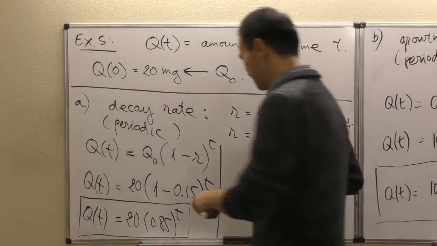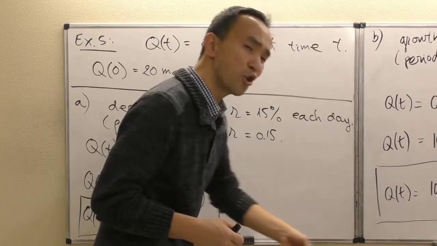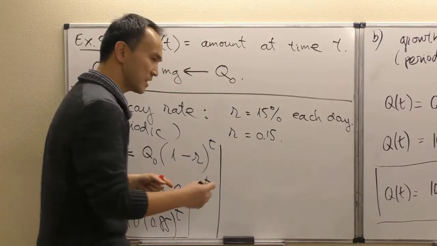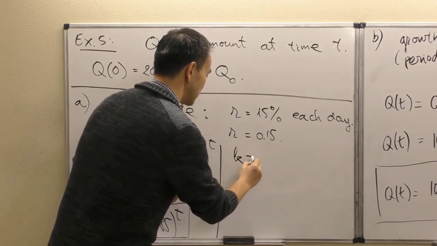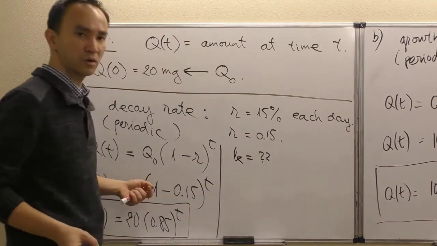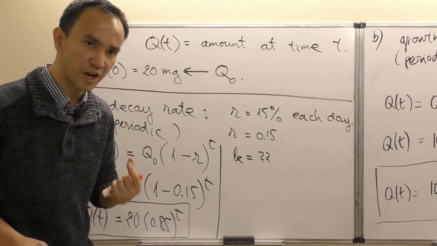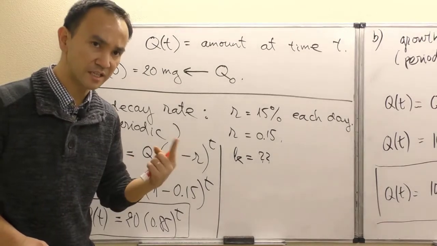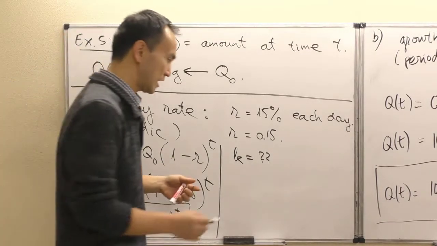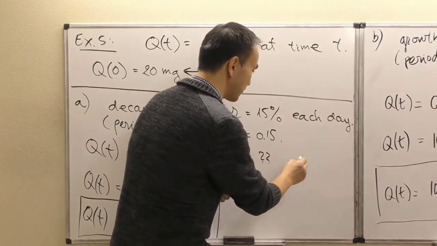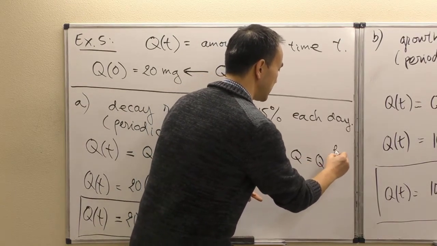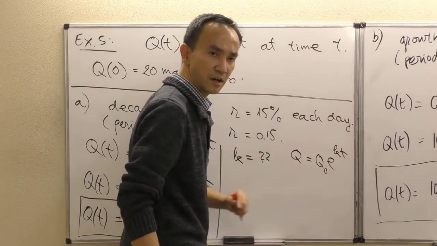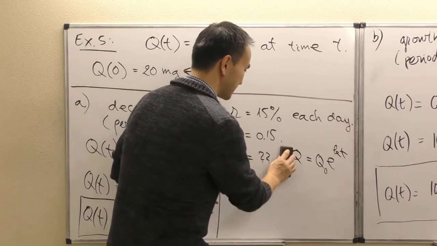Understanding our goal now, the continuous decay rate is that k value. So we want to find the value for k, the continuous decay rate, or the relative decay rate, because this is the rate from Q equals Q0 times e to the kt. That's the one. But now how do we find that?